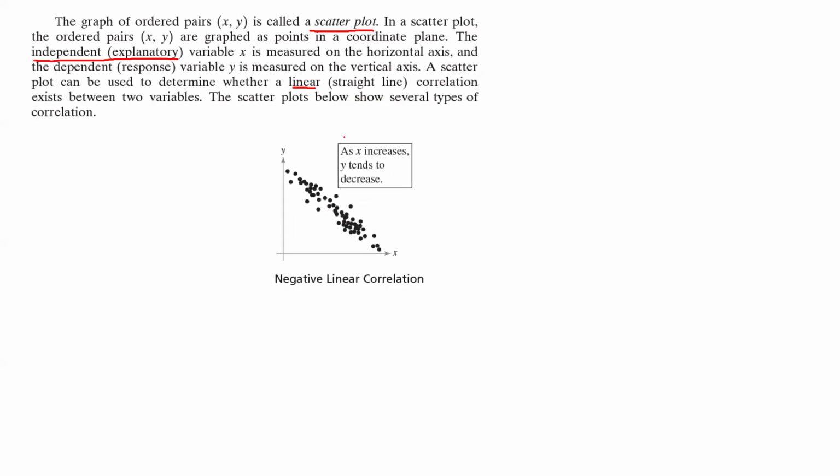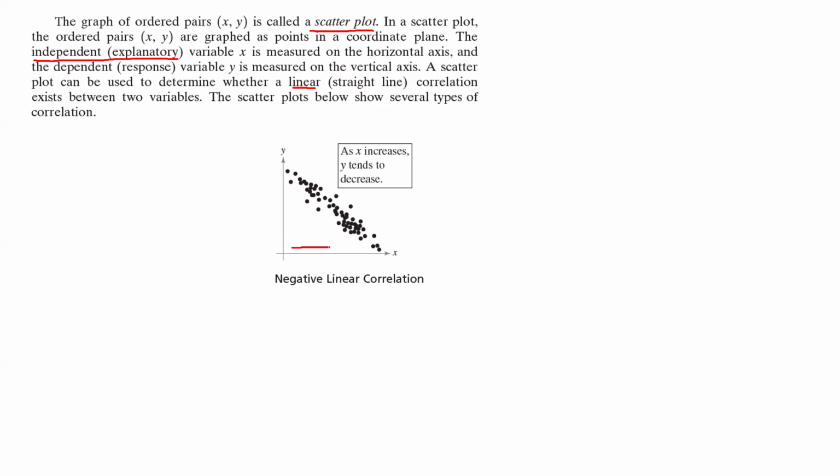For example, if you have variable x on the horizontal axis and variable y on the vertical axis, and here you have a bunch of points representing x and y in the plane. As x increases, y tends to decrease.